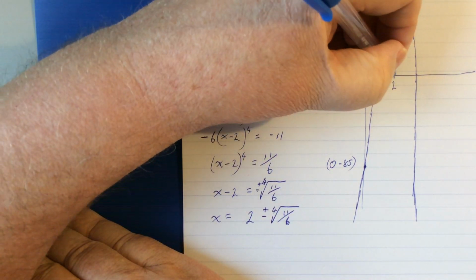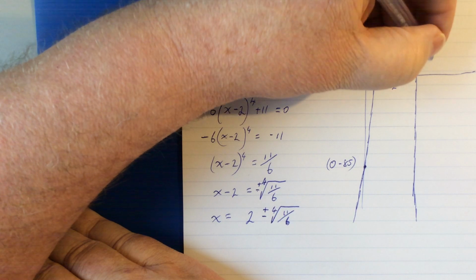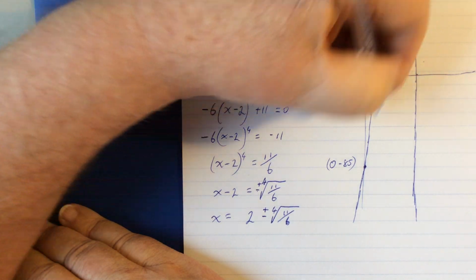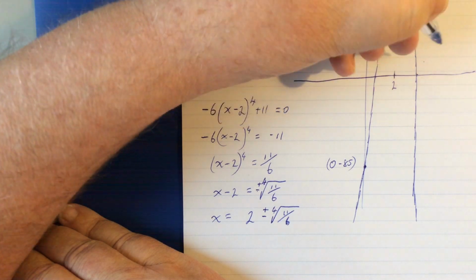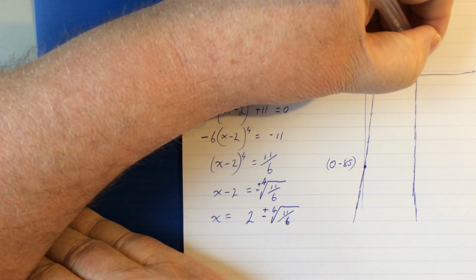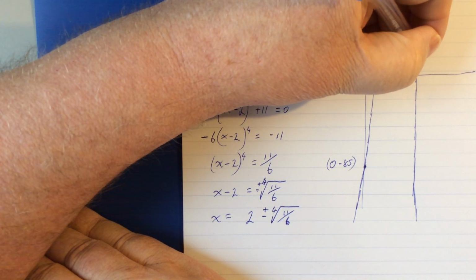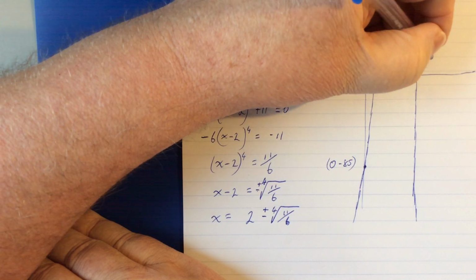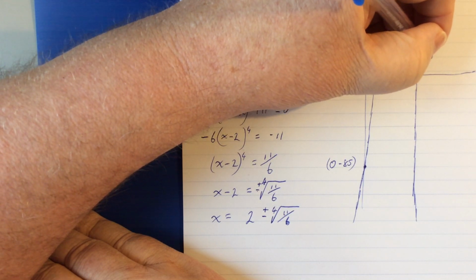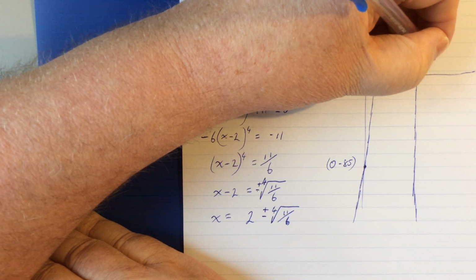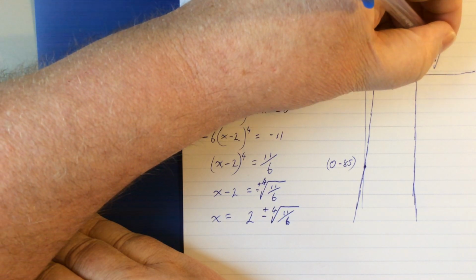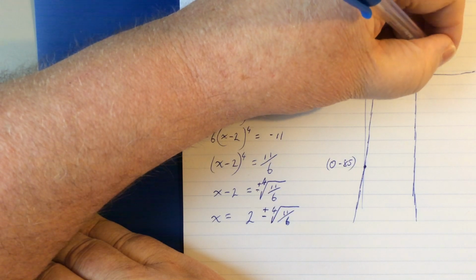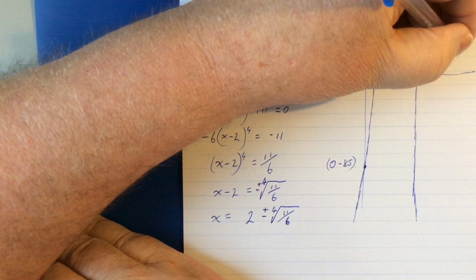So we start here and we move the 4th root of 11 over 6 to this point, which is somewhere close to 4, but it's not 4. So this point is 2 plus the 4th root of 11 over 6, 0.